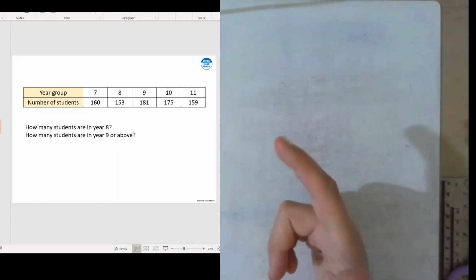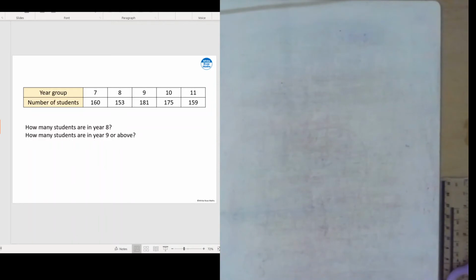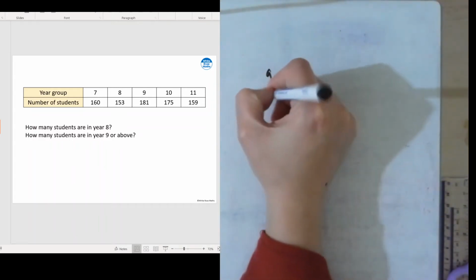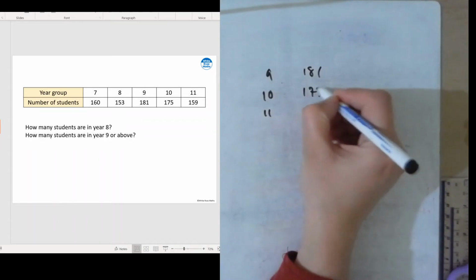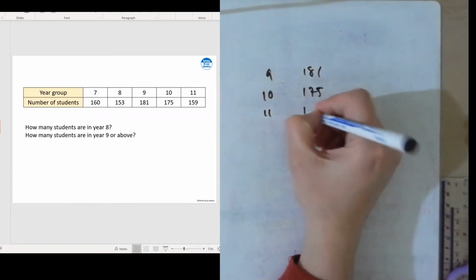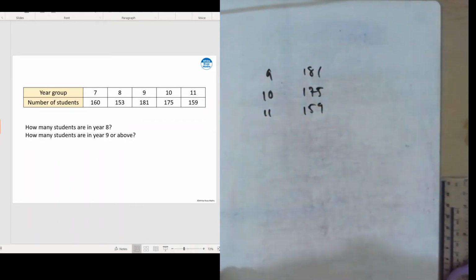Okay, so this one requires a little bit more thinking, where it says year 9 or above. Okay, so that means I need to worry about the year 9s, the year 10s, and the year 11s. So year 9s, we've got 181. The year 10s, you got 175. And for the year 11s, I've got 159. Otherwise, you can use your brain, which I'm sure is super, super amazing, or you can use the trusty calculator.